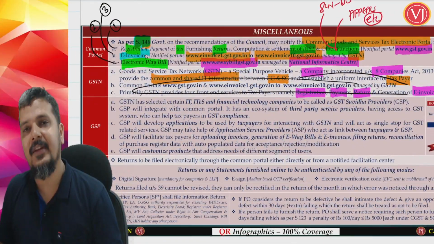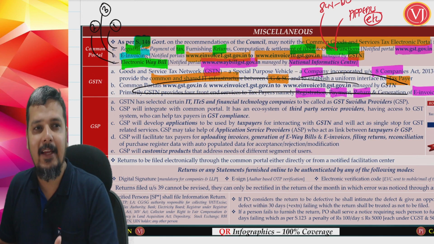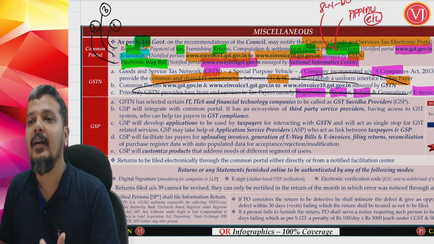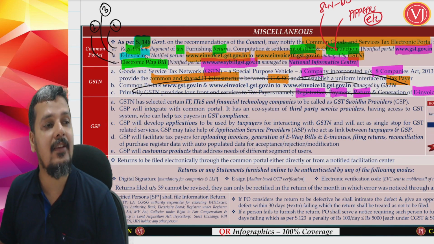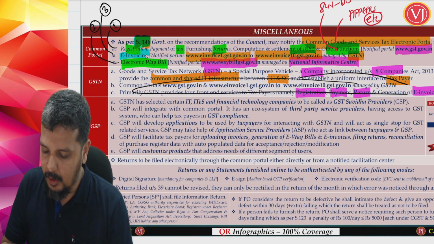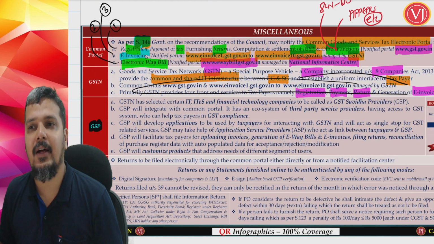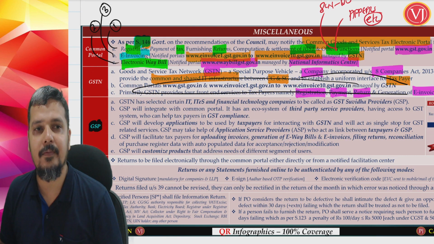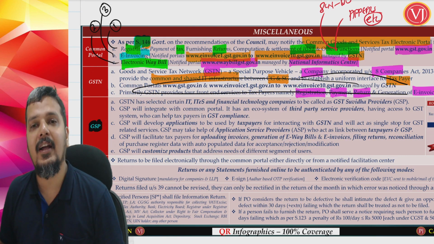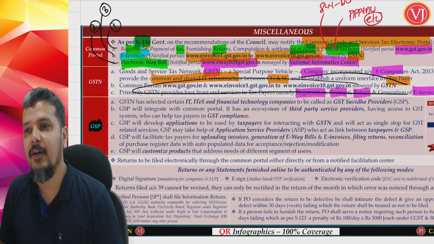Now comes a scenario where sometimes we talk about Tally or some other software companies being a support system called GST Suvidha Providers. What are these GST Suvidha Providers? Government realized that for making GST successful, fintech companies and information technology companies should come forward and contribute.